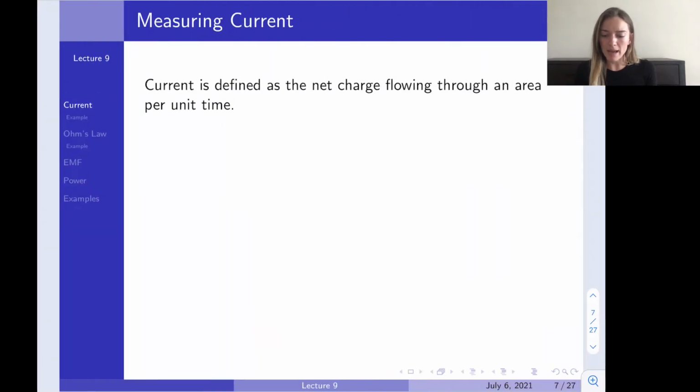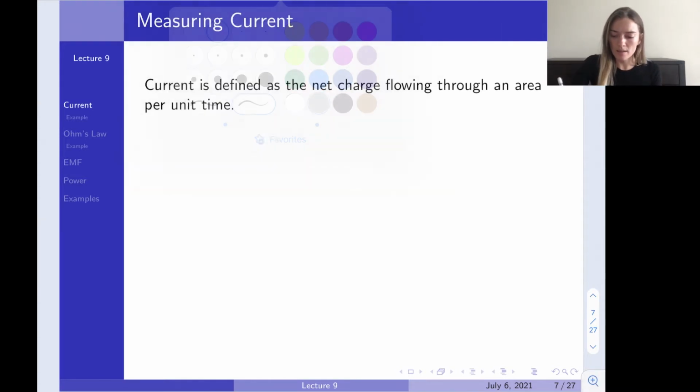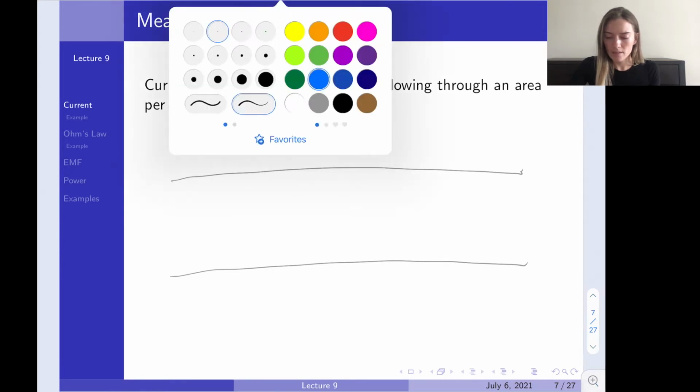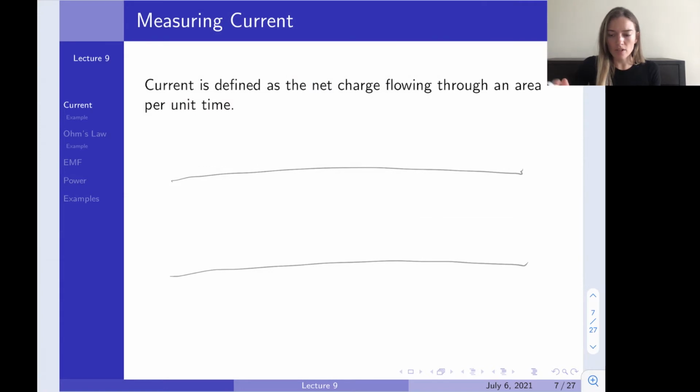All right, now let's get back to what actually is current. The definition of current is that it is the net charge flowing through an area per unit time. So let's say we have a wire here, and we're just going to look at positive charges.